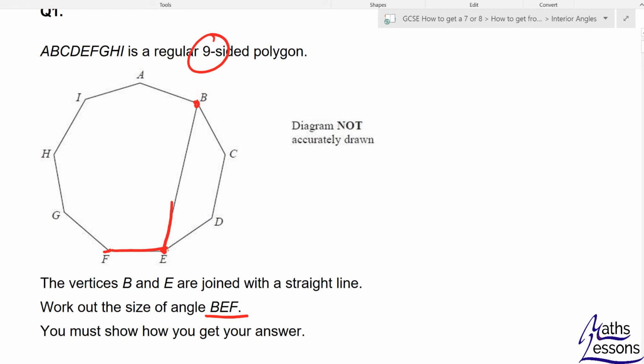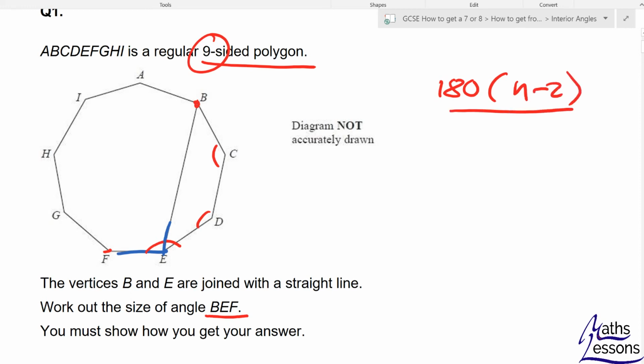Let's start with the 9-sided shape, because that means we can find lots of angles like these. Let's put that in blue. This angle obviously will be the same as those other angles, so let's find the red angles. We can use our formula 180 times (n minus 2) over n.